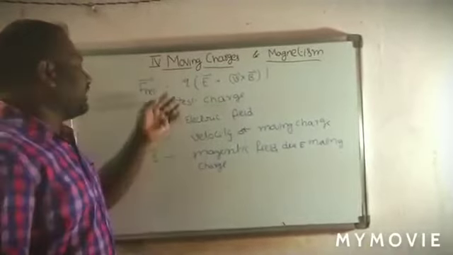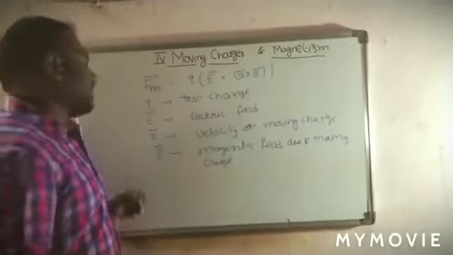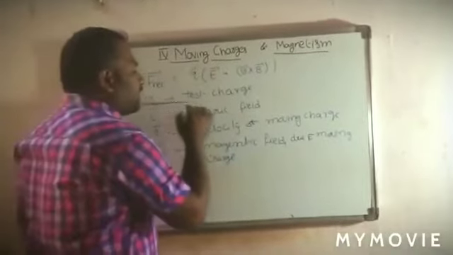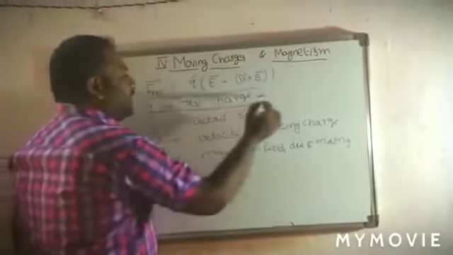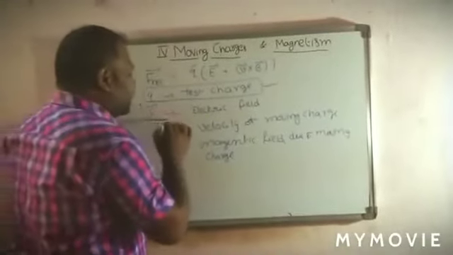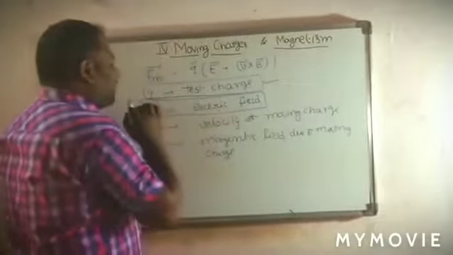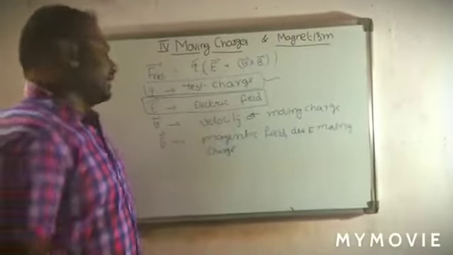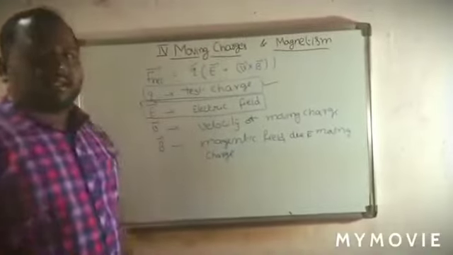So what are the terms present in the Lorentz force equation? The terms are small q, which is known as the test charge placed near the current carrying conductor, and E bar, the electric field of the moving charge in the conductor when the charge is at rest.